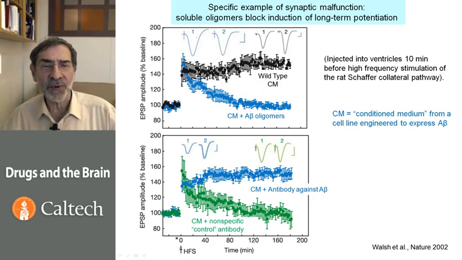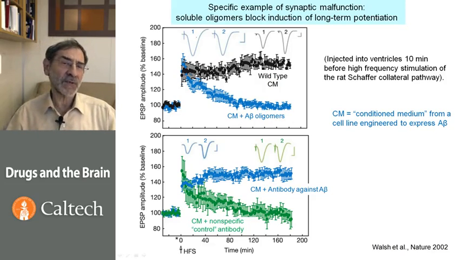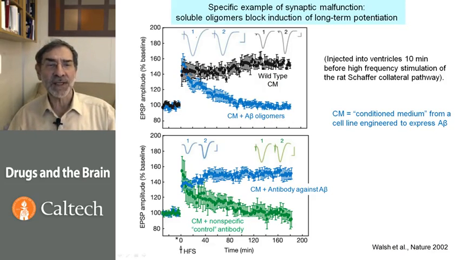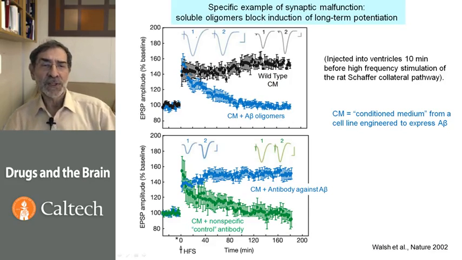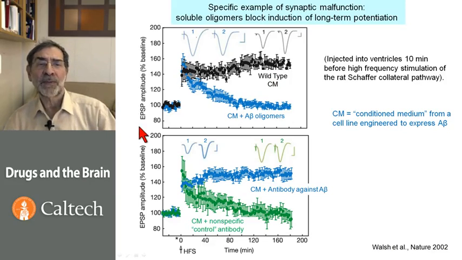The hippocampus is important for memory and learning, and it's one of the brain regions that degenerates in humans in Alzheimer's disease. So the top panel involves recording from cells in the hippocampus, extracellular recording, and EPSP amplitudes, excitatory postsynaptic potentials. At this point here, we give a tetanic pulse, a high-frequency pulse, to the preparation.